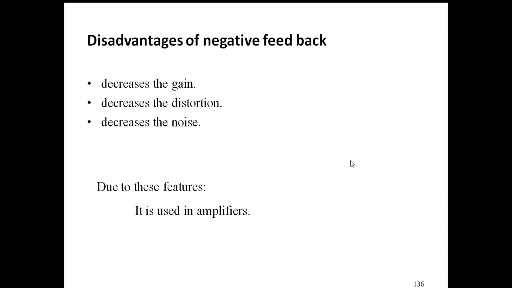But coming to other parameters, the undesirable ones like noise and distortion all decrease. Therefore, these are important characteristics. These need to be eliminated, so negative feedback is generally used in amplifier circuits.